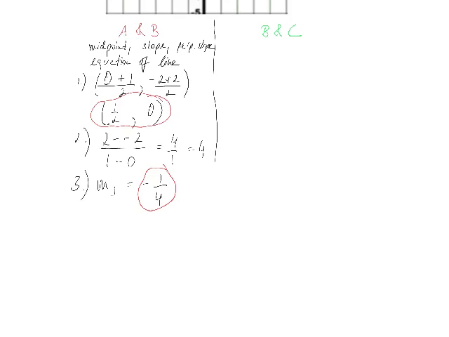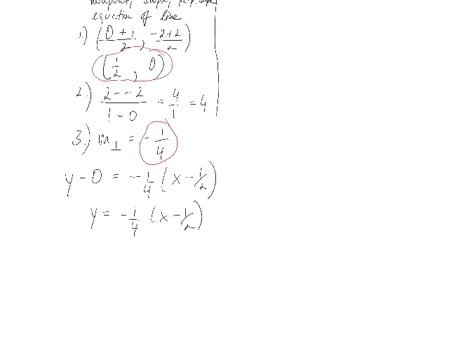We use our normal equation of the line formula. So we go y minus 0 equals minus 1 over 4 times (x minus 1/2). We can drop the 0. Y equals minus 1 over 4 (x minus 1/2), and I multiply by 4 on the y, and then I multiply out the bracket.